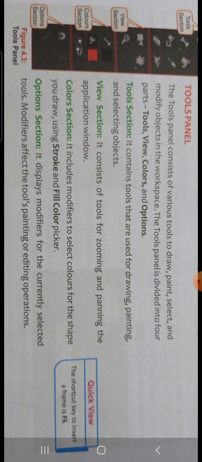So we can color both, that is, the border of the rectangle and the area inside it, differently. To apply color to the border, we use stroke, and to apply color to the inside area of the rectangle, we use fill color.